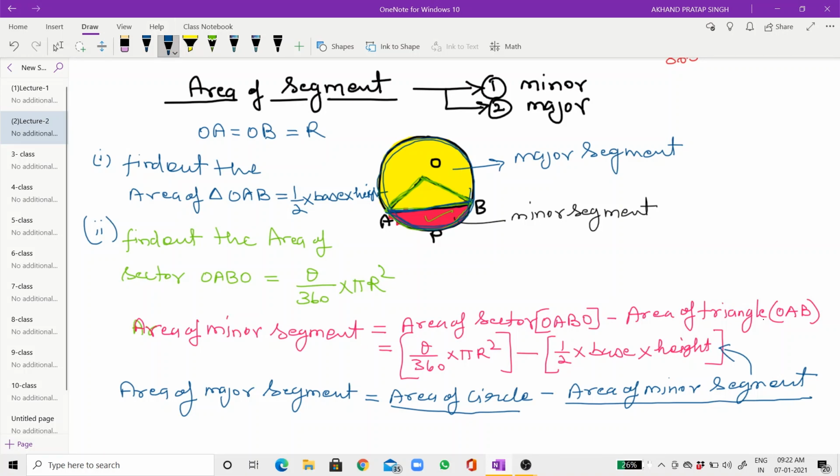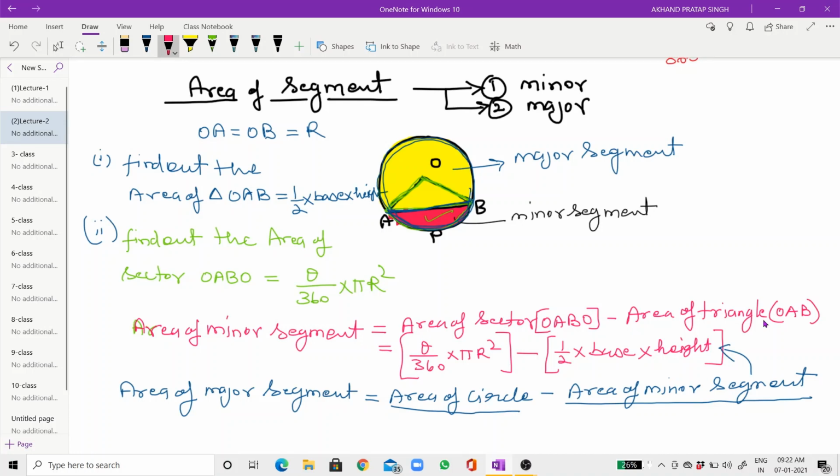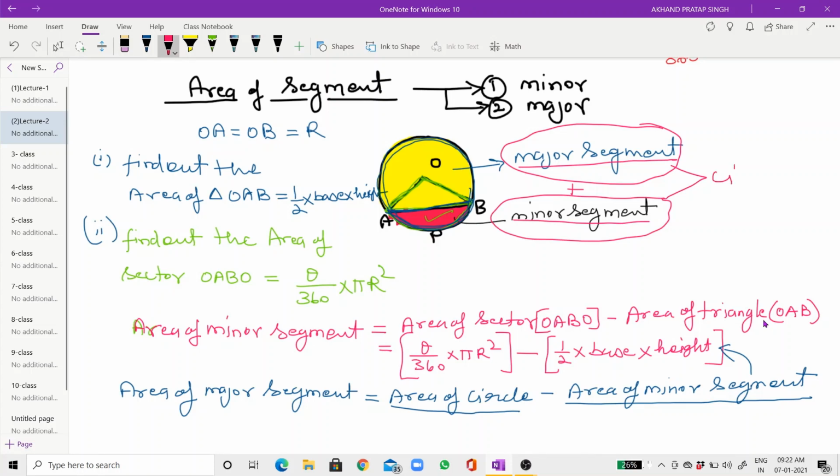The concept is, if you add the area of major segment and the area of minor segment, then you get the area of the circle. So area of major segment plus area of minor segment both become the area of circle.